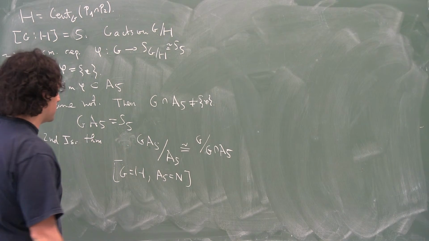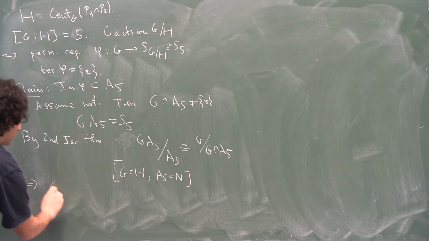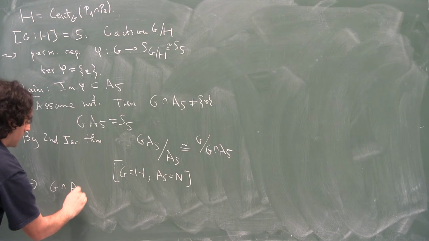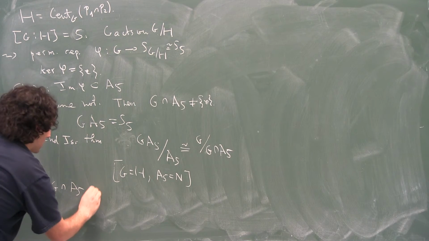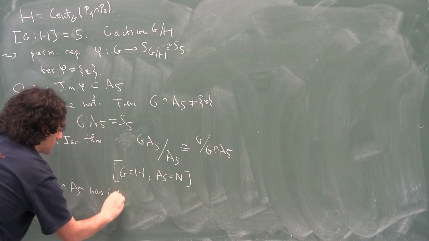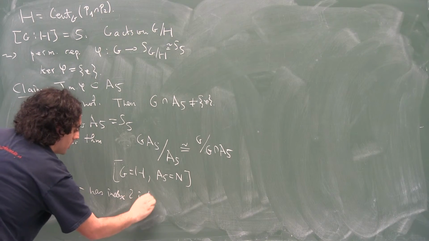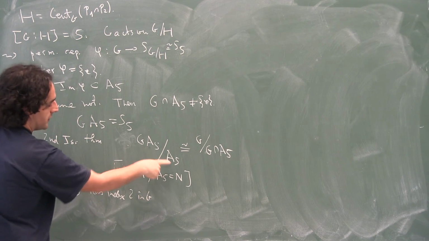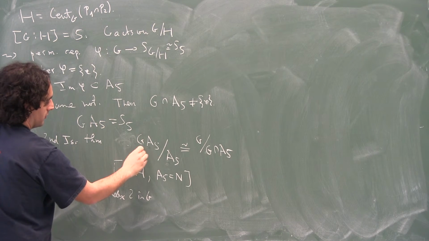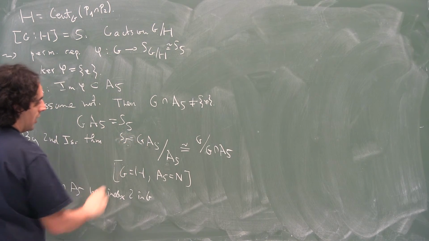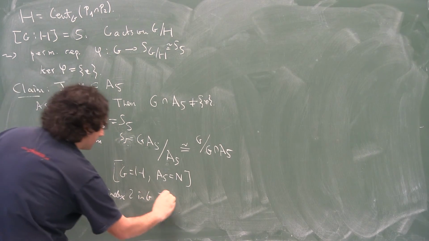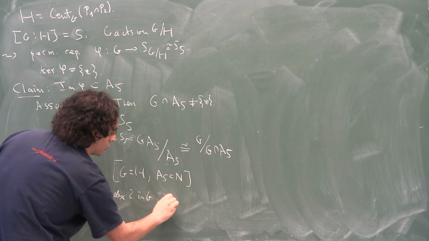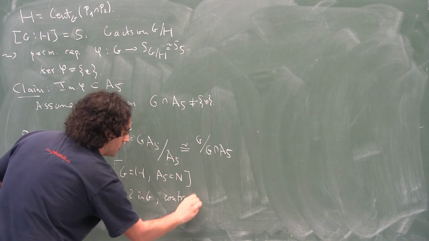This implies that G intersect A5 has index 2 in G, because this has index 2, because this is S5. And this is a contradiction because G is simple.